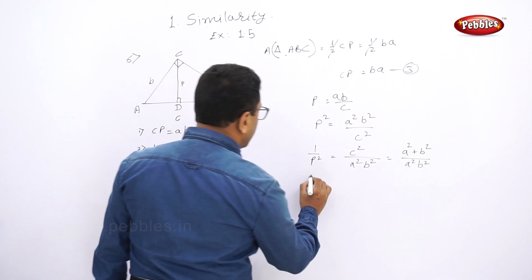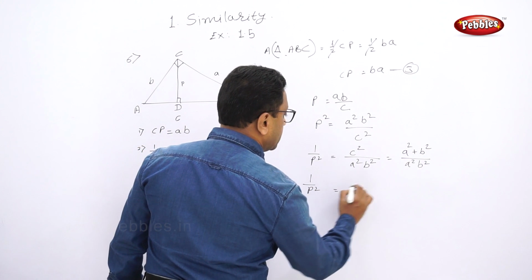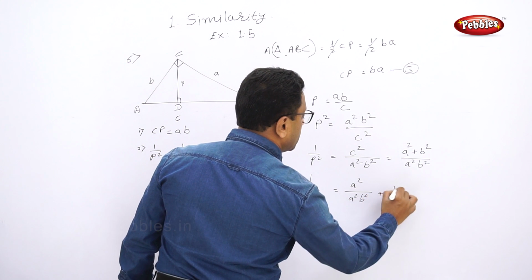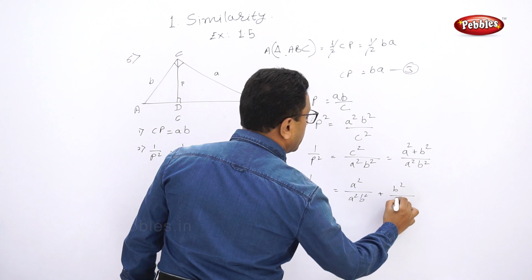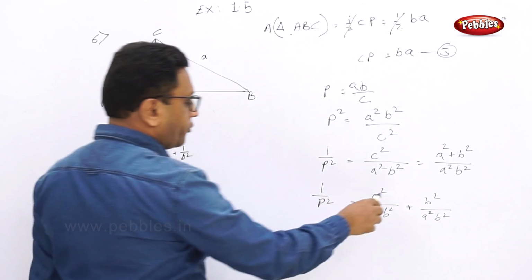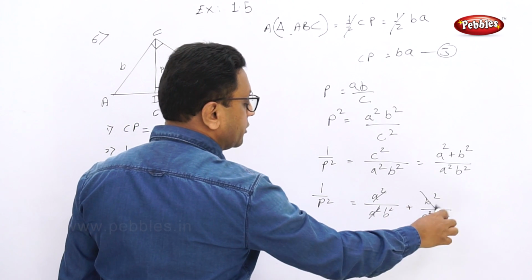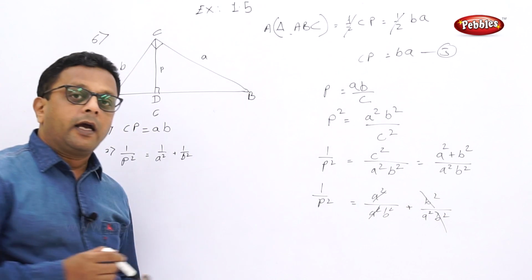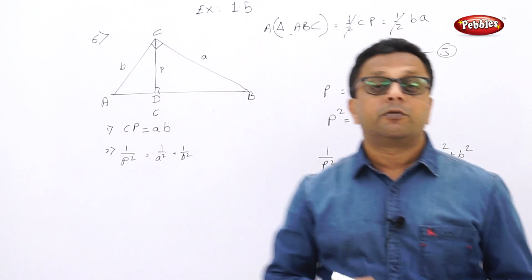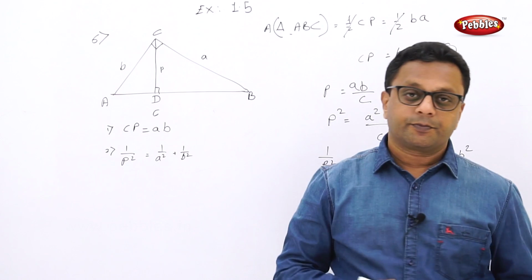Now simply you can write 1 upon P square is equal to A square upon A square B square plus B square upon A square B square. From here A square will get cancelled, from here B square will get cancelled, and you will have 1 upon P square is equal to 1 upon B square plus 1 upon A square.